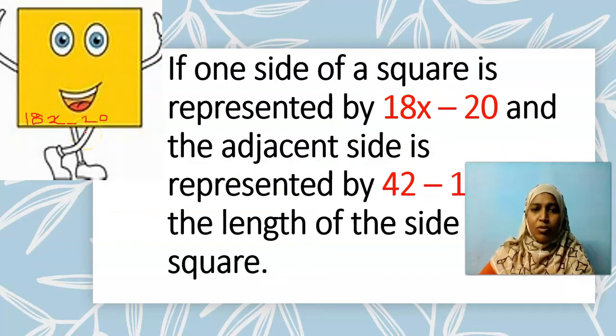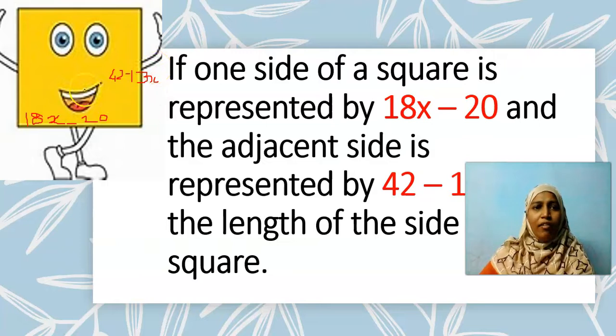What is meant by adjacent side? Adjacent means nearby. So what is the nearby side? This one, and it is represented by 42 minus 13x. Find the length of the side of the square.